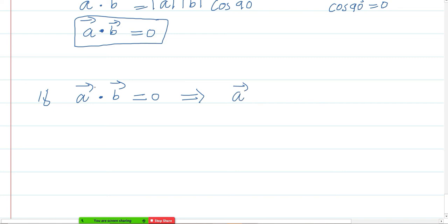That's obvious. If A vector is a 0 vector, then if you apply dot product, you will get 0. Or if B vector is a 0 vector, you will get 0. If A and B are non-zero vectors, still you are getting A dot B is 0, then A vector should be perpendicular to B vector.